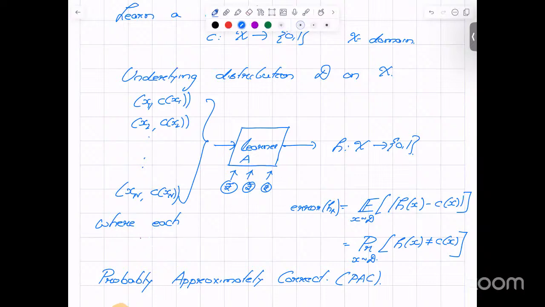If we want it to perform well against a particular distribution, we feed it inputs from that distribution, and we measure its performance against that distribution. But this should happen for every distribution.